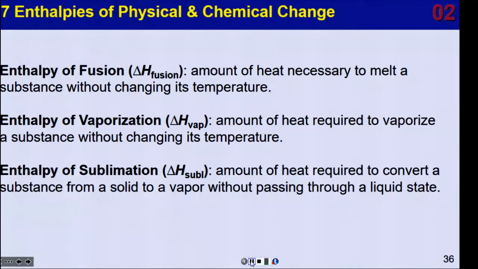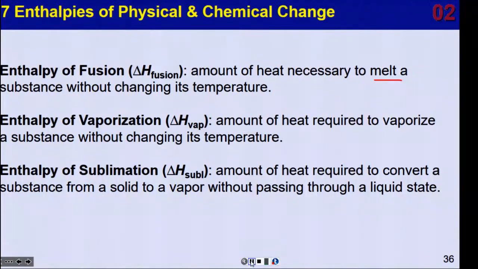Now, going from that, we'll be using some calculations talking about enthalpies, which are heat changes for physical and chemical changes. The physical changes are simply phase changes, and we kind of make them harder than we need to sometimes. The enthalpy of fusion is, in fact, the amount of heat that is necessary to melt a substance without changing its temperature.